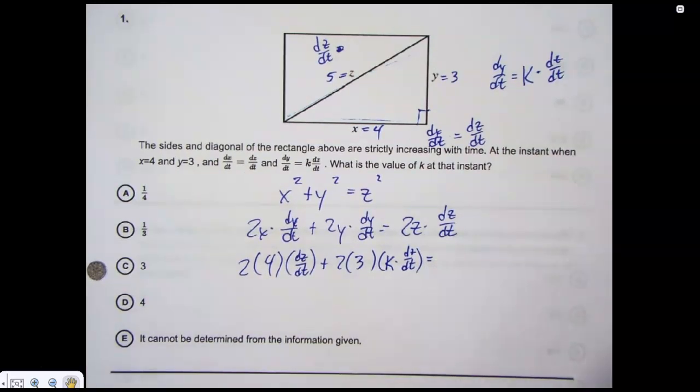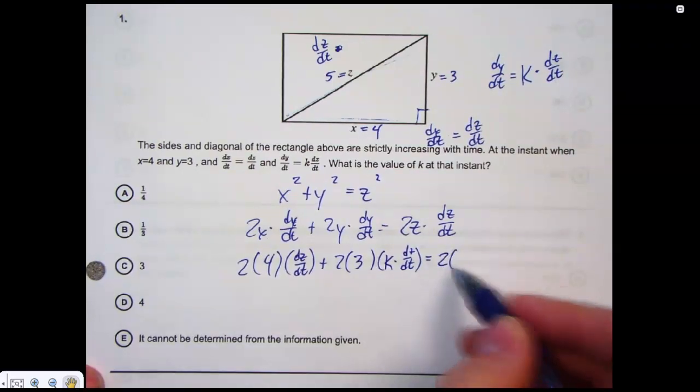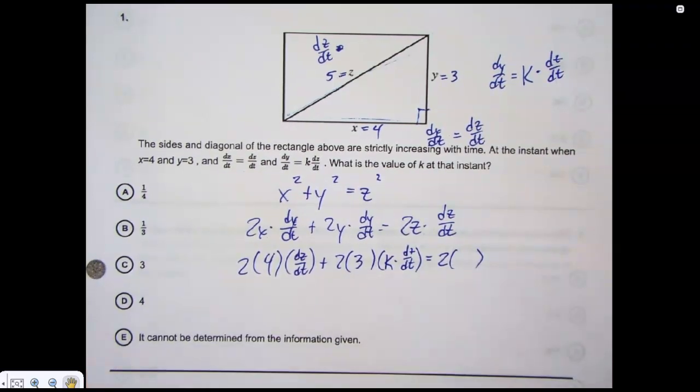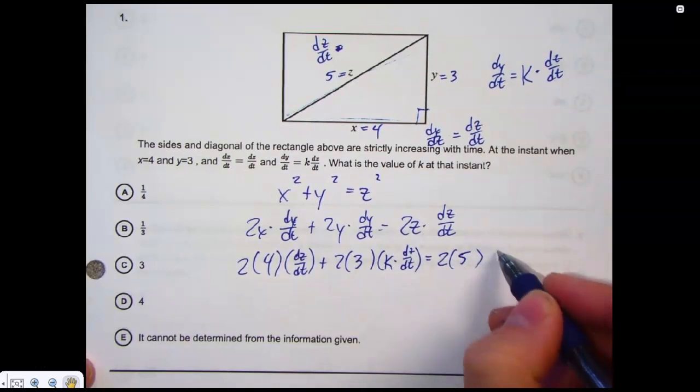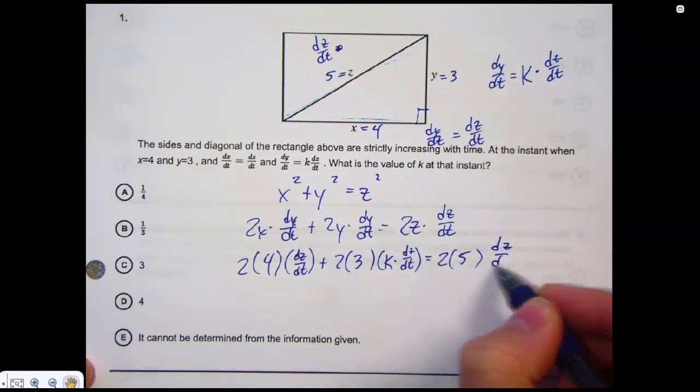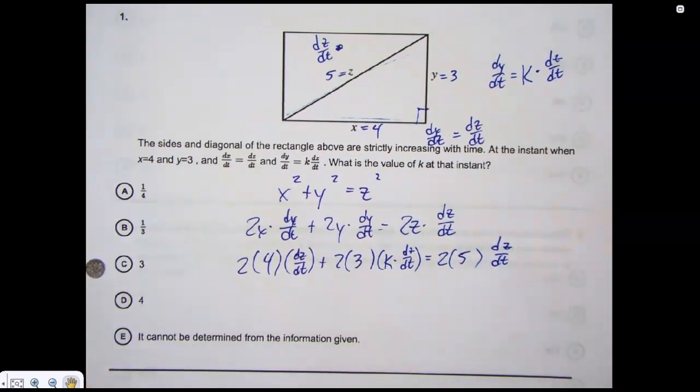Think about what we just said. Or maybe if you're in this class, I don't know. What's z? 5. And then dz/dt, I'm just going to leave. Questions on what I'm putting in where and why?